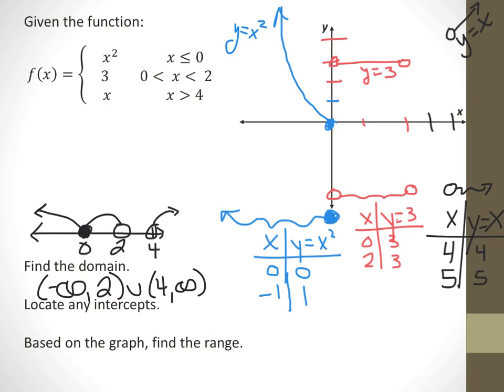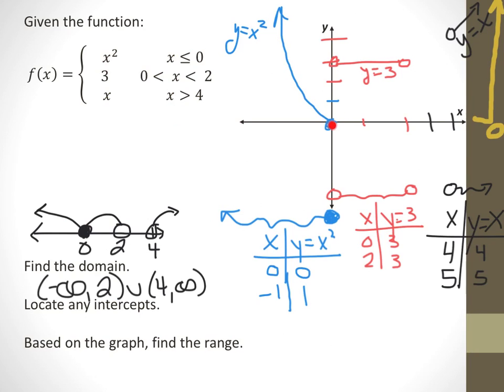Let's go ahead and find the range. When we find the range, we are looking for all the y values that are being covered. You'll notice they go to infinity in that direction. They come all the way down to 0 and include 0. Here in the center, this guy's hanging out here. This is what's overriding everybody else.